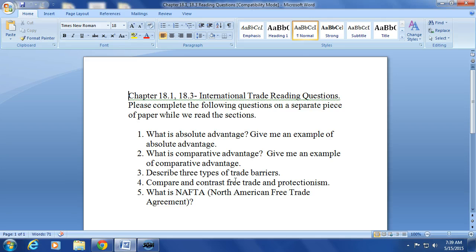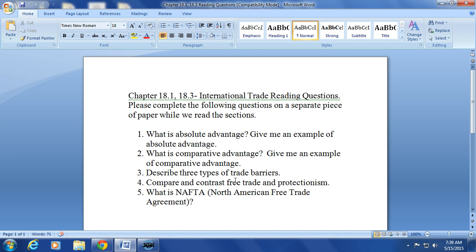Basically, a trade barrier, as you can see on page 439, is a government action that's designed to protect domestic industries and jobs from foreign competition. So the government is setting up barriers to trade to help domestic producers within that nation.